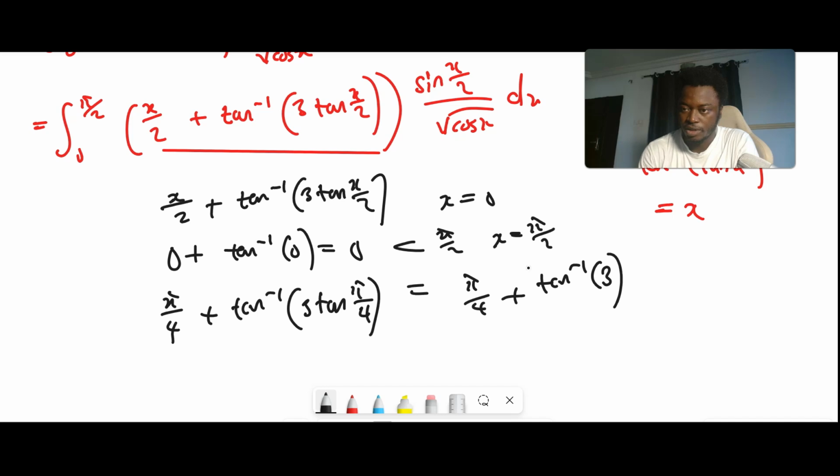So pi divided by 4, and then you have to add arctan, tan inverse of 3. I'll put everything in radians. So everything here is approximately 2.03.